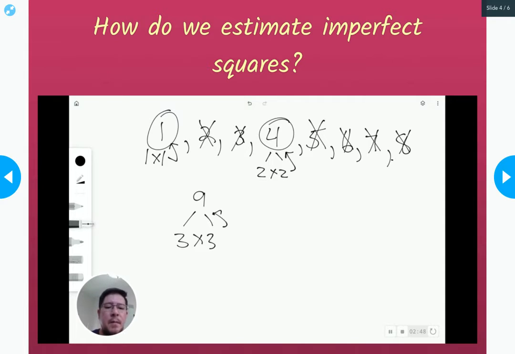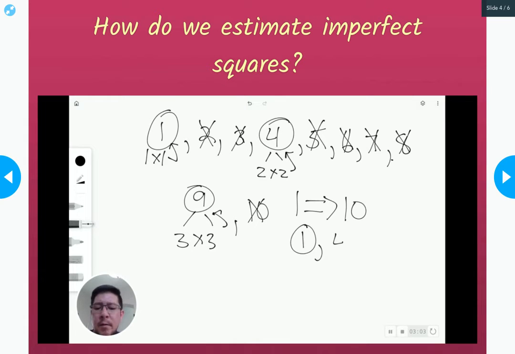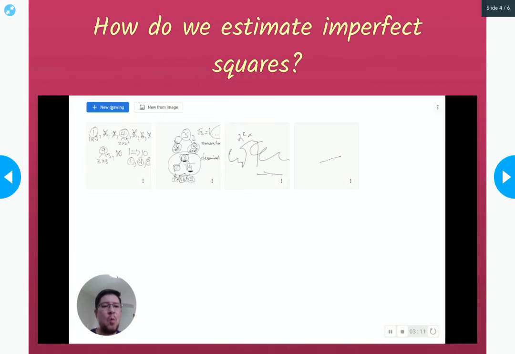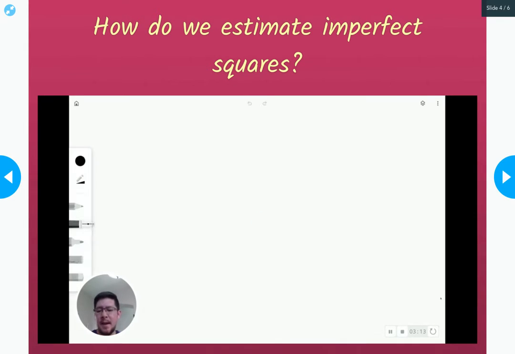So I know that 9 is a perfect square. What about 10? Nope, not 10 either. So in other words, between the numbers 1 and 10, there are 3 perfect squares: 1, 4, and 9.